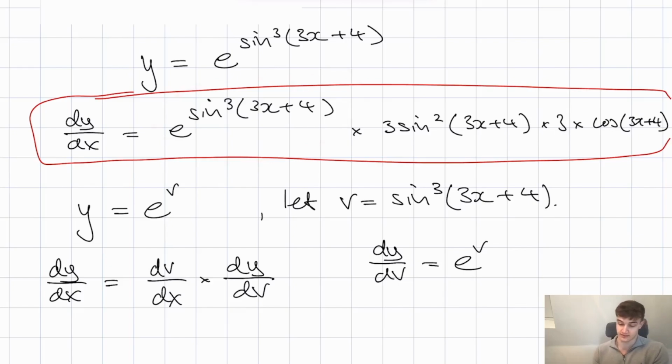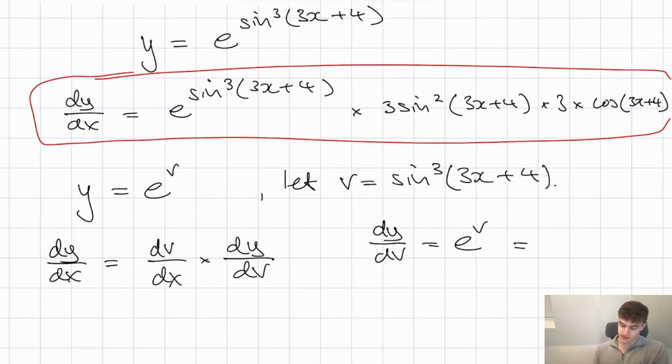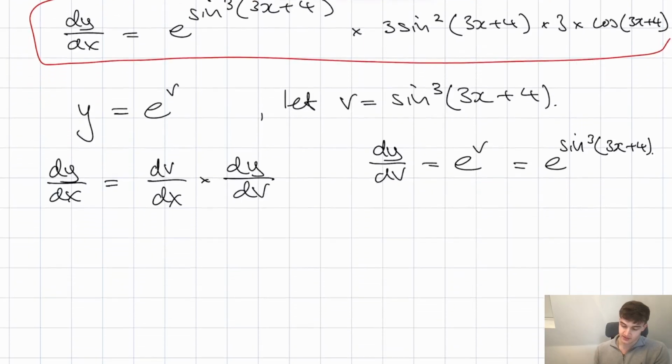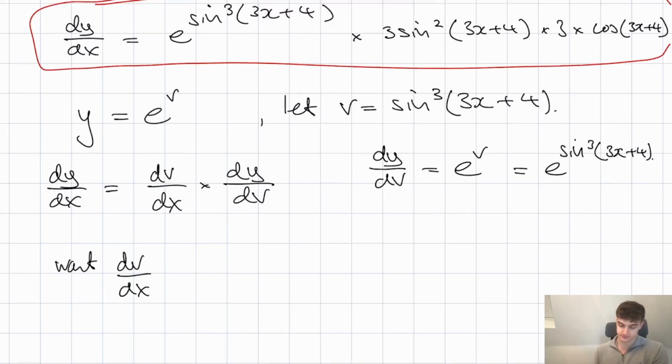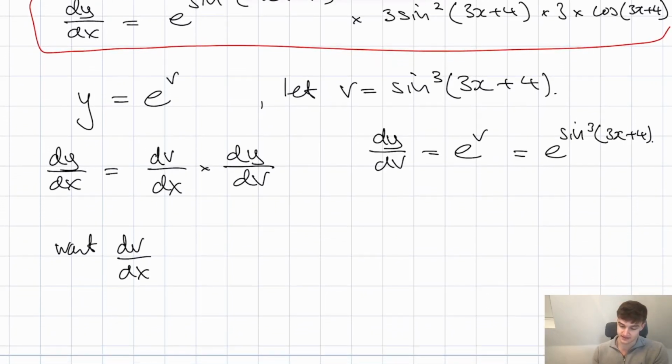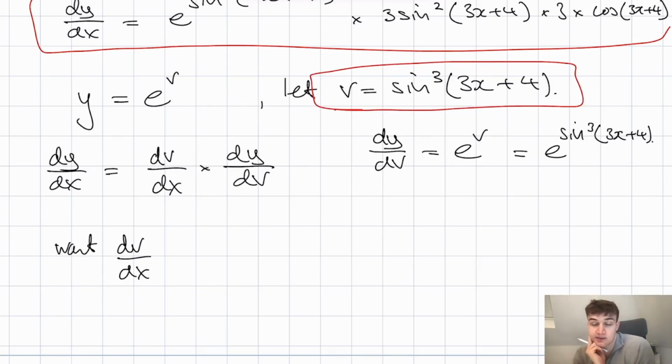So we've already got that. Okay. So let me write that. That's just e to the sine cubed of 3x plus 4. We now want dv by dx, where v is sine cubed of 3x plus 4.